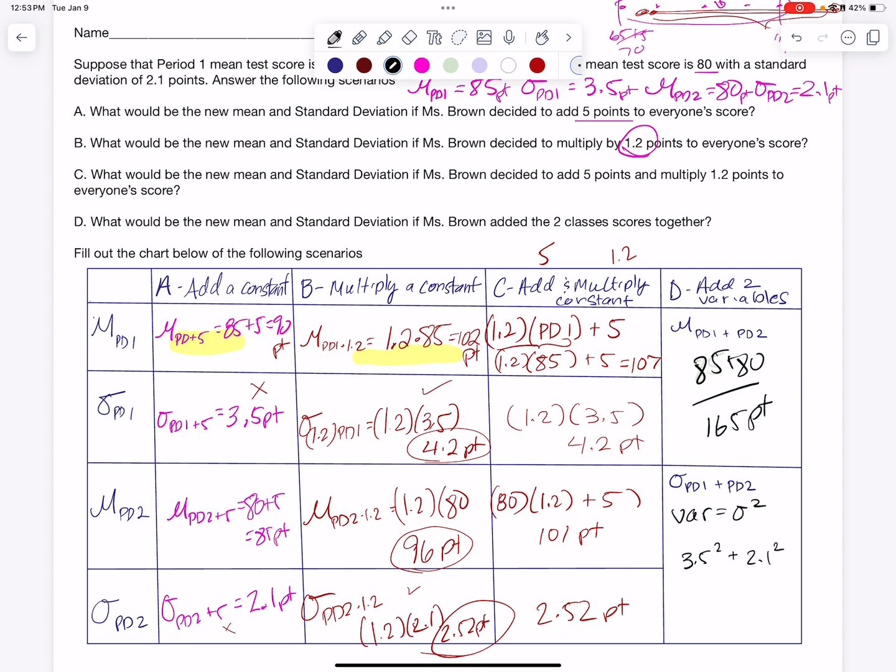So you can add those, and so that's my variance. But remember, I want standard deviation, so I got to find the square root of that in the end. So I would just go 3.5 squared plus 2.1 squared, and that's 16.66. And the square root of 16.66 is going to get you about 4.08 points.